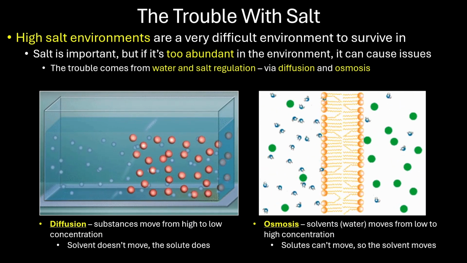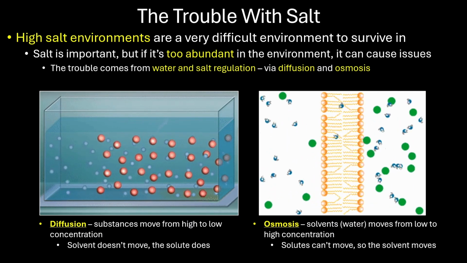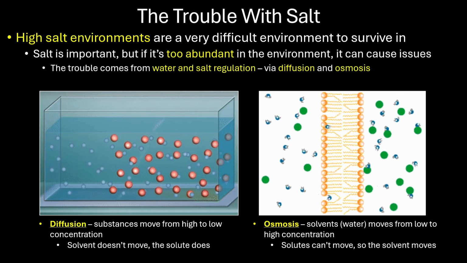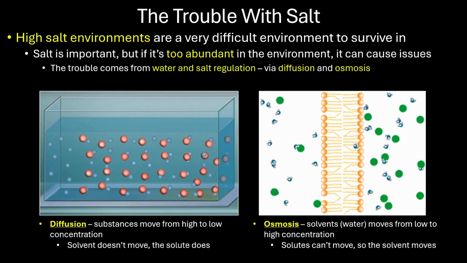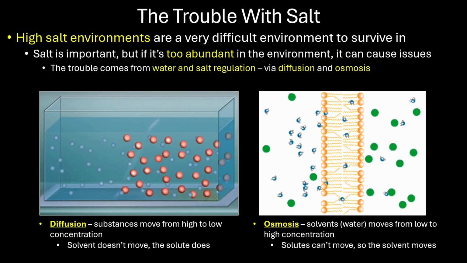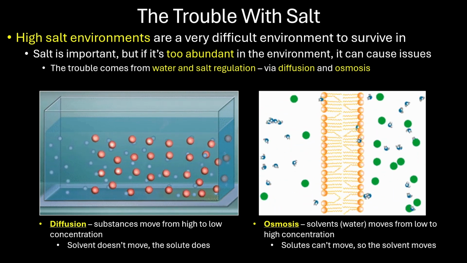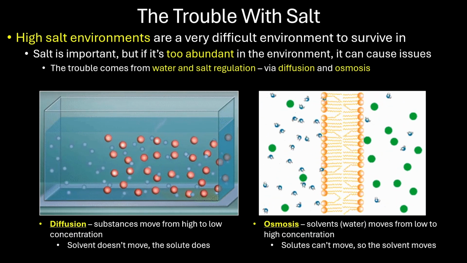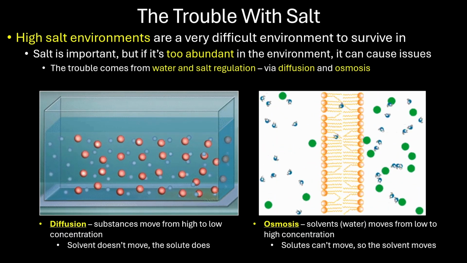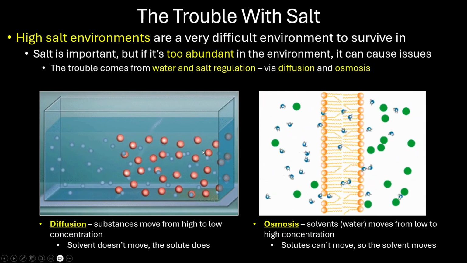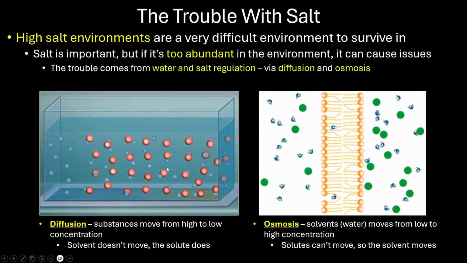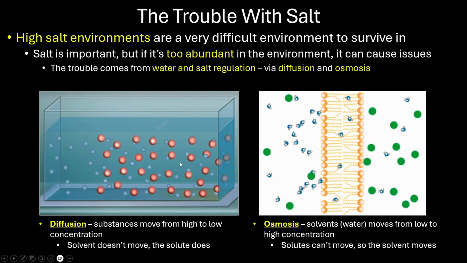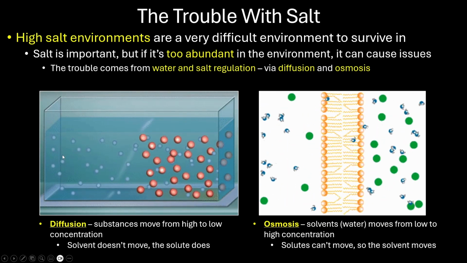And that creates an opportunity because when you have concentrations of something like salt, for example, the ions that form salt that are maybe higher in concentration on one side of the membrane and lower concentration on the other side, well, diffusion wants to move the salt across the membrane from that area of high concentration to the area of low concentration.